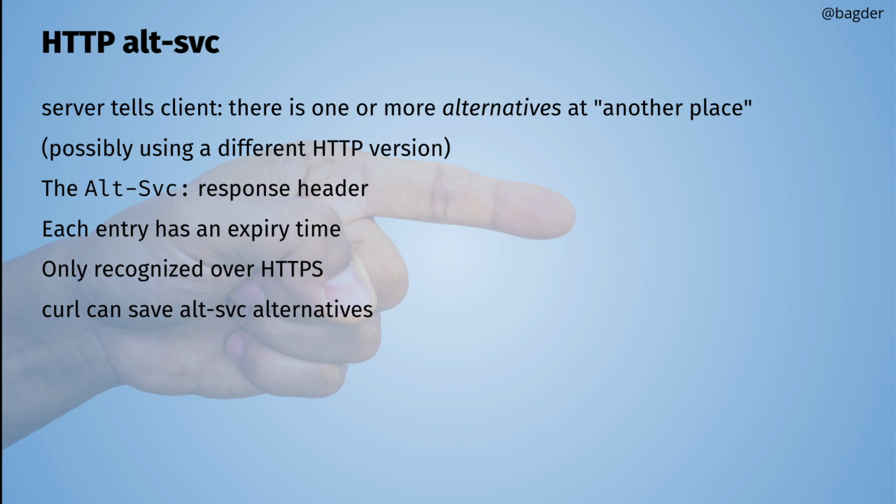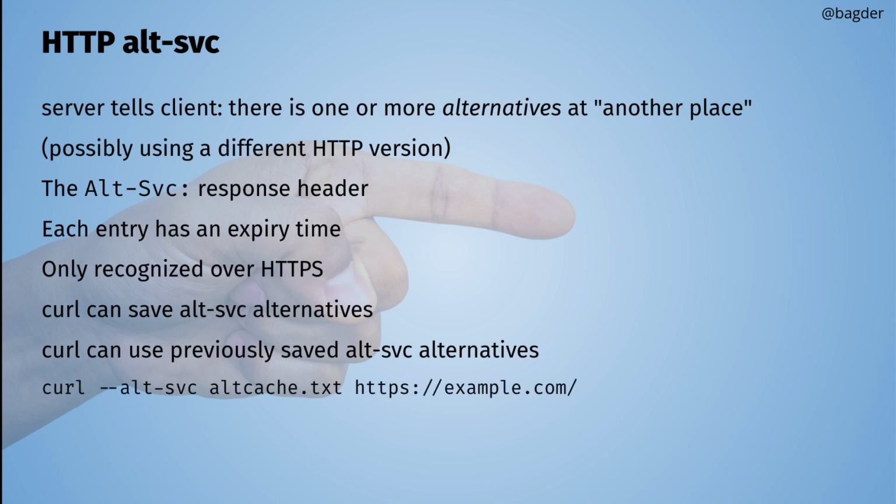But curl can then save these alternatives, and you can ask curl to use these alternatives in your follow-up request. So basically, save the alternatives now, do a second request, and if there are alternatives this time, use them. Then you might not go to the same server anymore. You could go to a completely different host name because example.com told us that there's an alternative that it wants us to use.